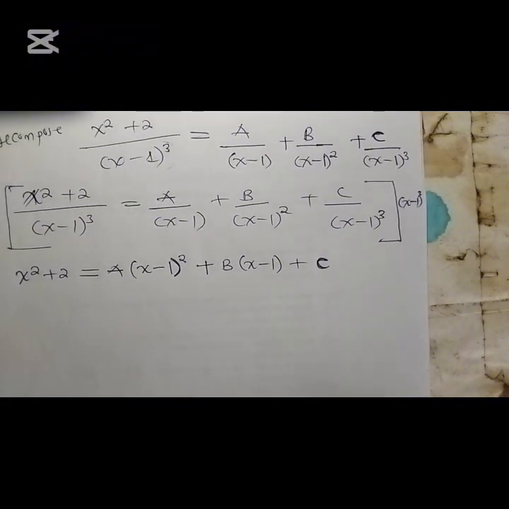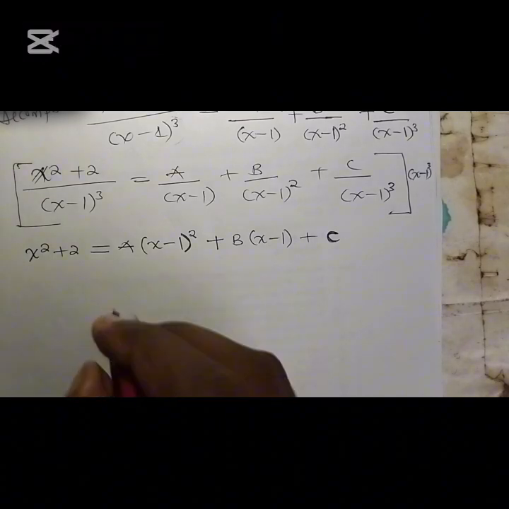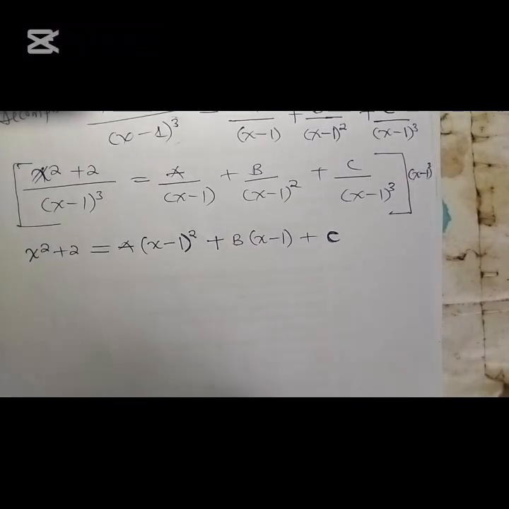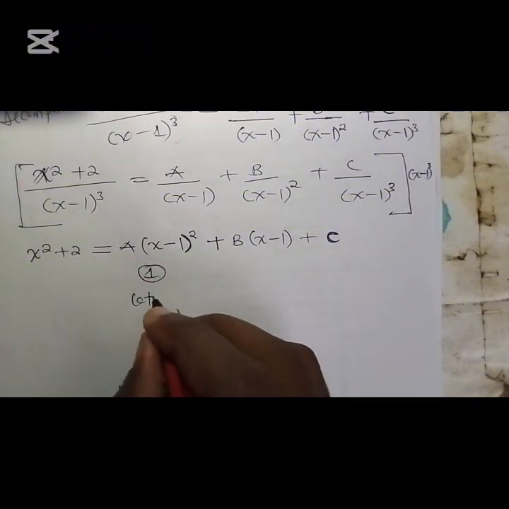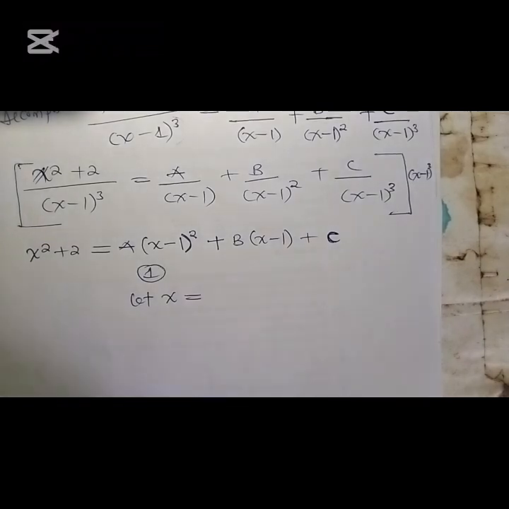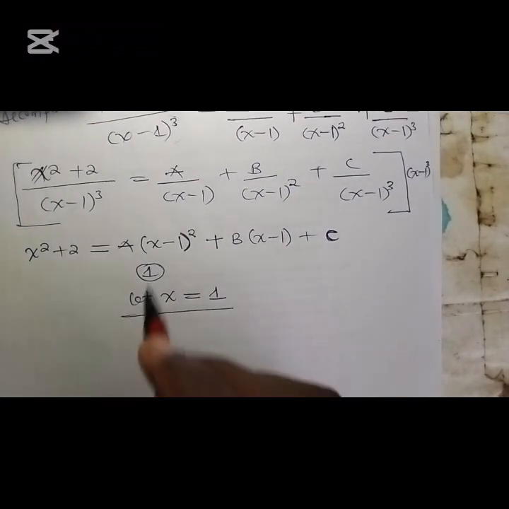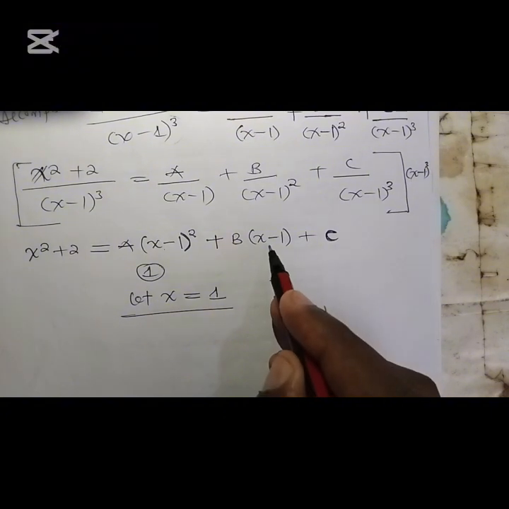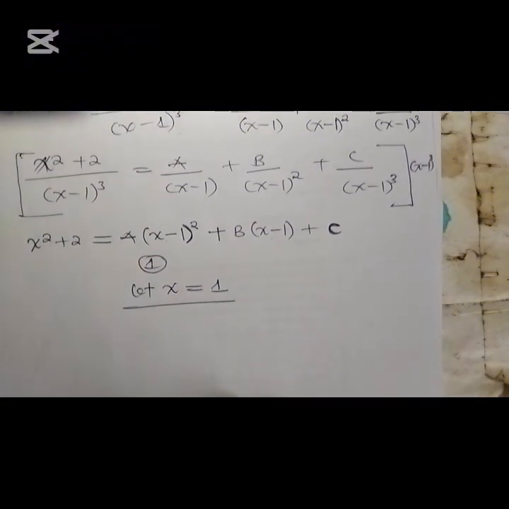Then from there now we can use the first method. You are acquainted with the method, where we say let x be 1. If we let x be 1, which means if we put 1 here and there, it will be 0, and automatically we solve for c.